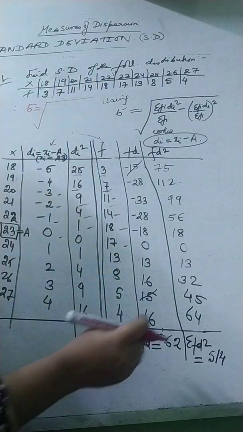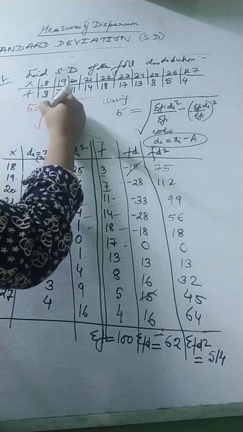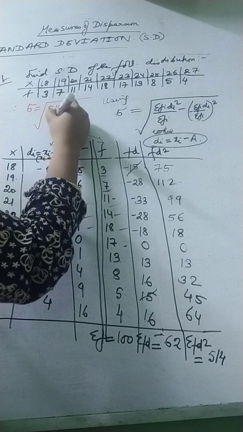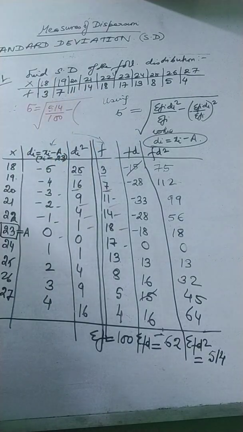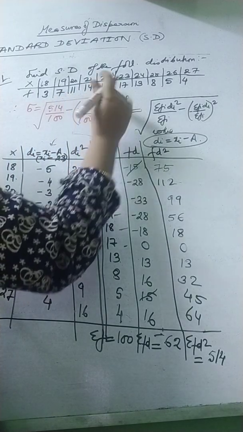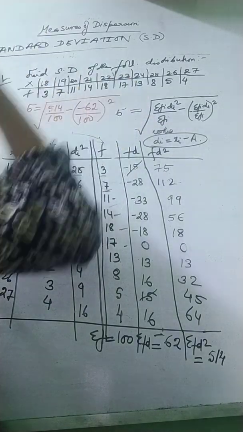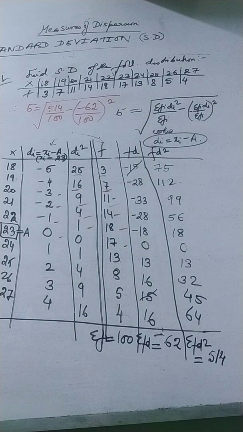How much is summation FD square? 514. So it's 514 divided by 100 minus summation FD, how much did I get? Minus 62 by 100 whole square. This is what I have.